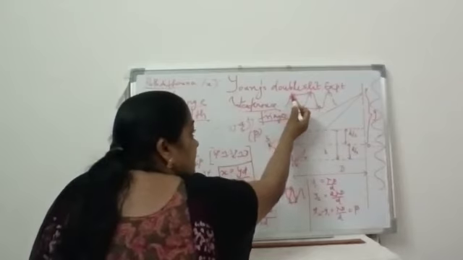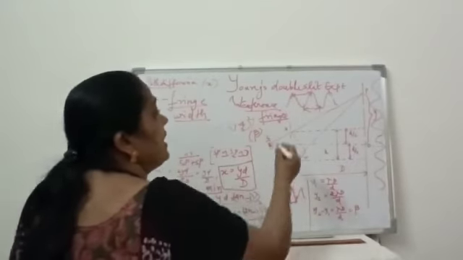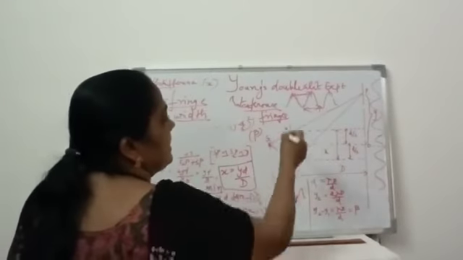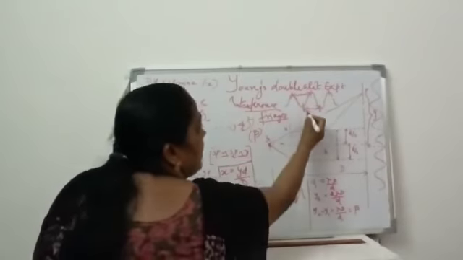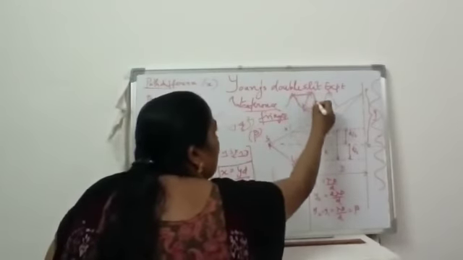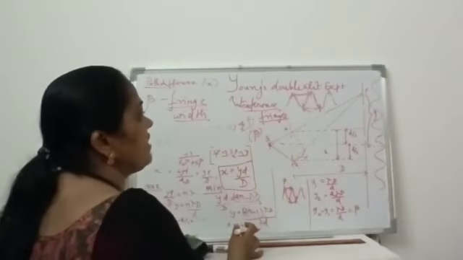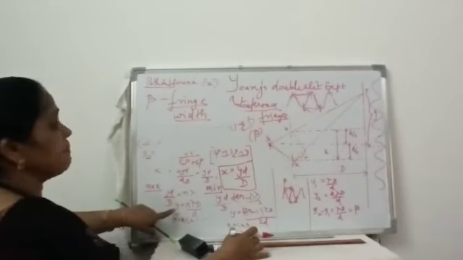So the distance between two consecutive maxima will give the width of the dark fringe, and the distance between two consecutive minima will give you the width of the bright fringe. And we are going to calculate the width of the dark fringe and the width of the bright fringe. So this is maxima.